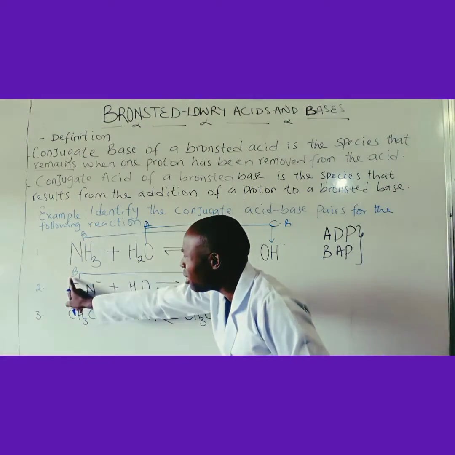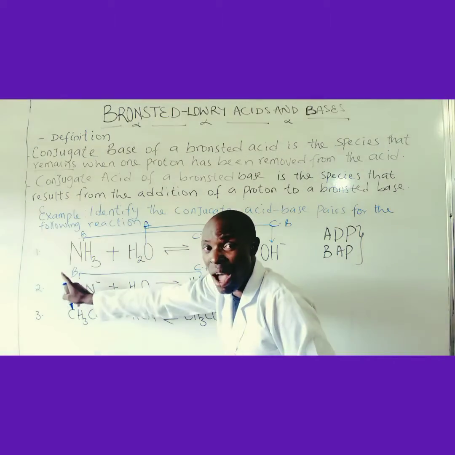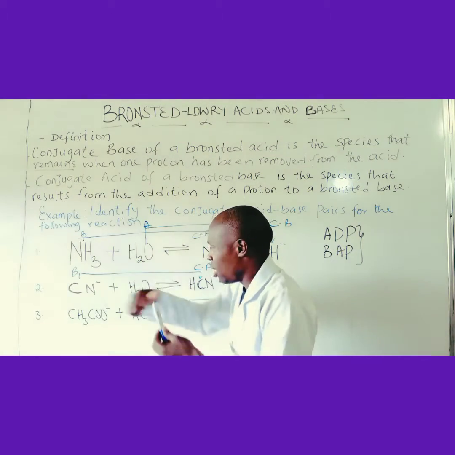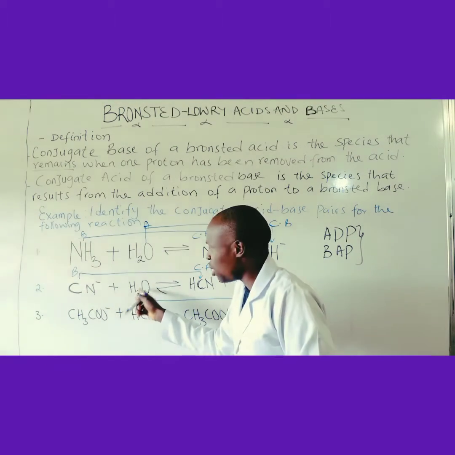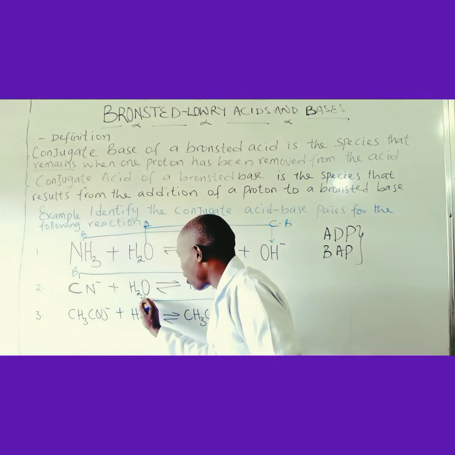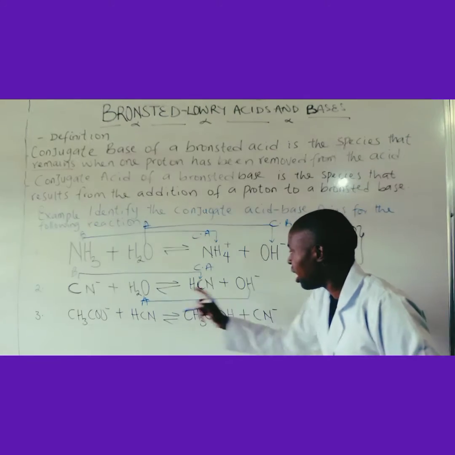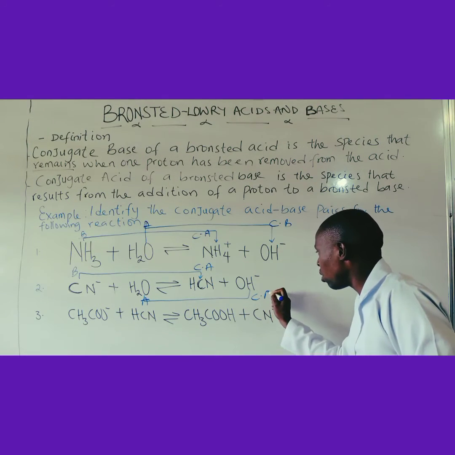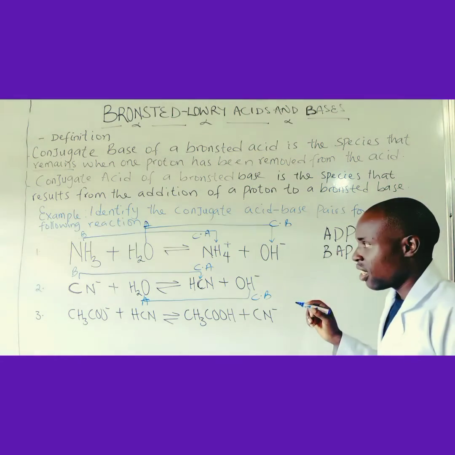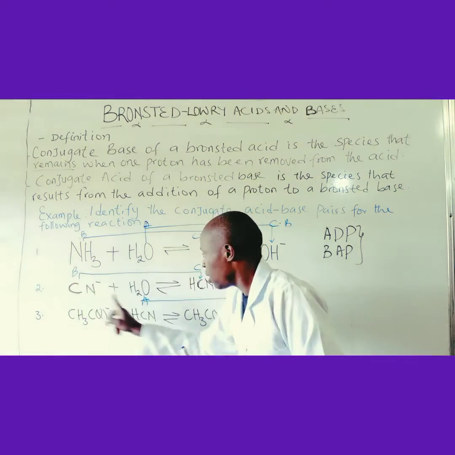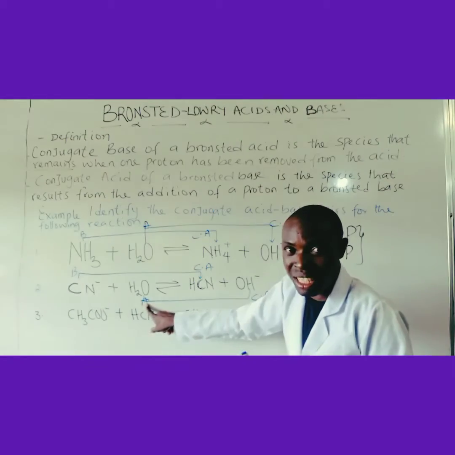And if I know that one species is the Bronsted base, then the other reactant species will be my Bronsted acid, which then becomes my conjugate base. So cyanide there is the Bronsted base, and water here is the Bronsted acid.